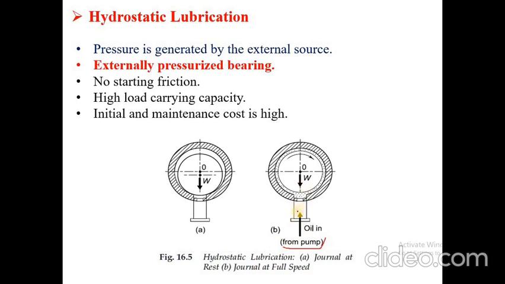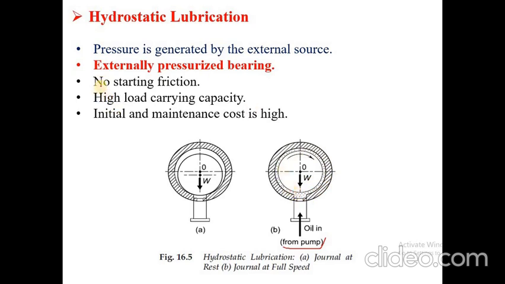So from this passage, pressurized oil flows over here, and due to that the shaft starts rotating. As the pressurized oil enters this passage, it separates the journal and the bush with a layer of film or layer of lubricant in between.